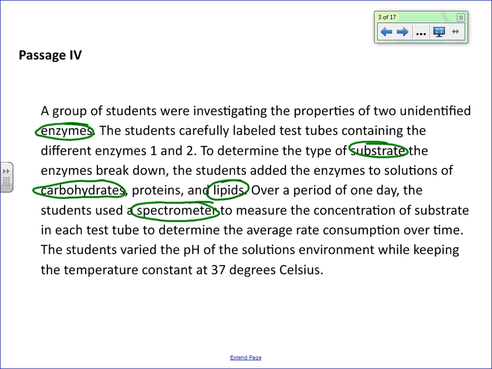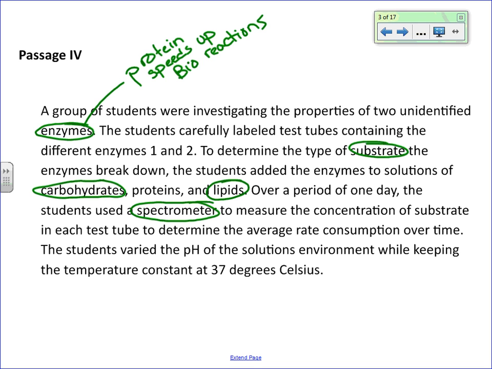Essentially, an enzyme is a type of protein that speeds up biological reactions. It is a catalyst. All right, an enzyme is a type of catalyst. It's just a catalyst for biological things.